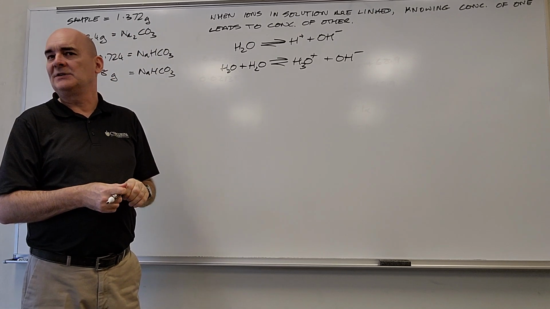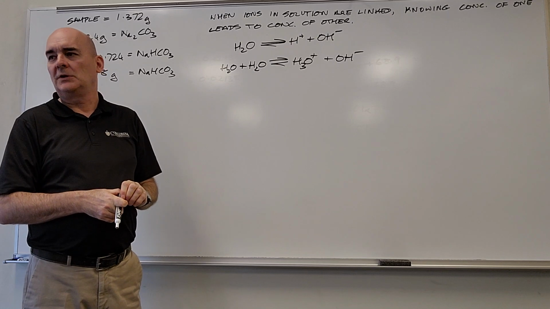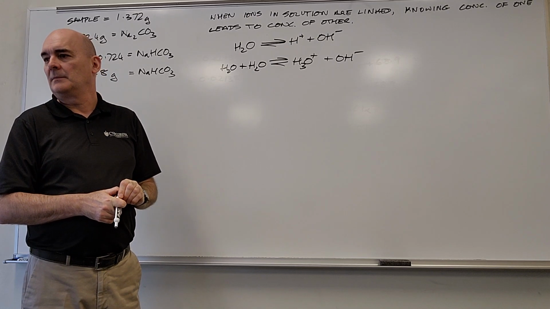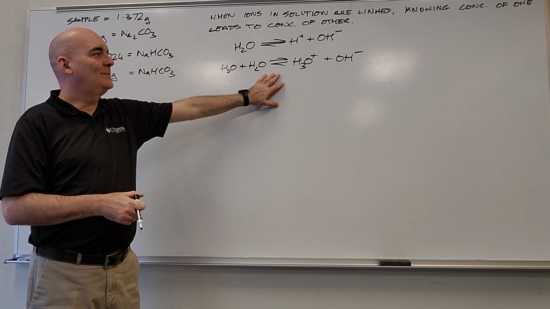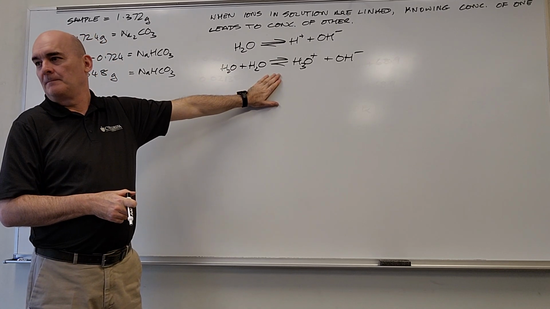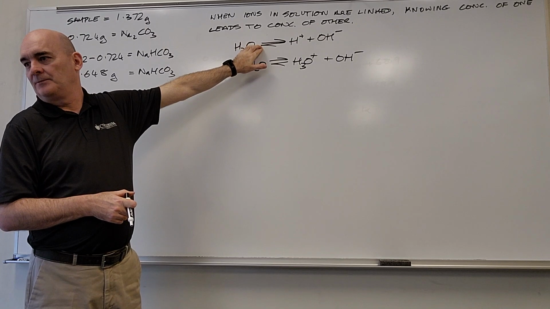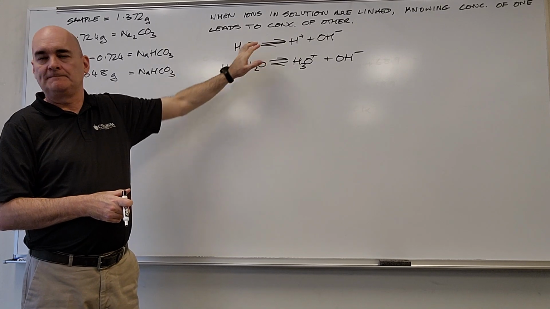But everything that they see is only in the solid state, not in the solution state. So this makes the numbers more difficult, and this makes the numbers easier. So we'll keep this one.